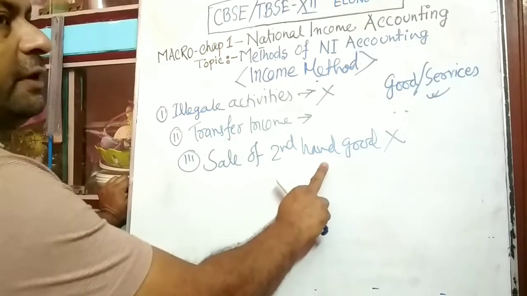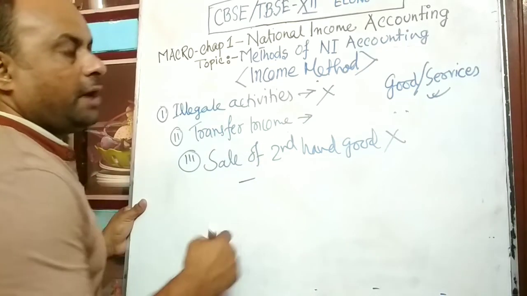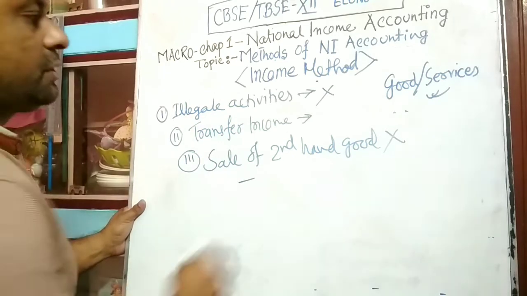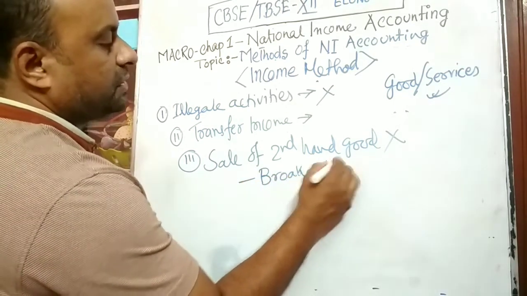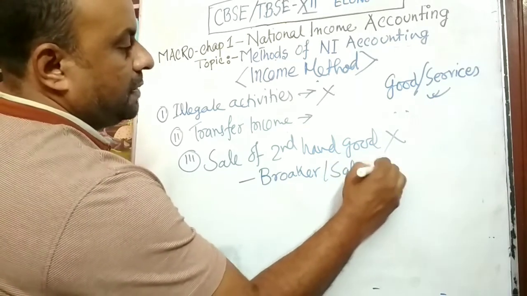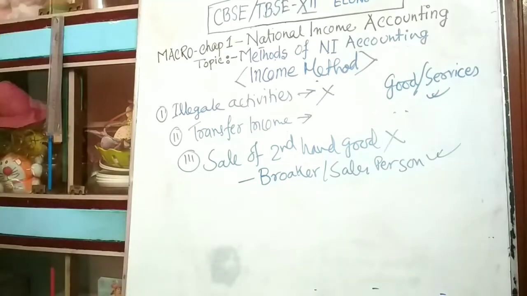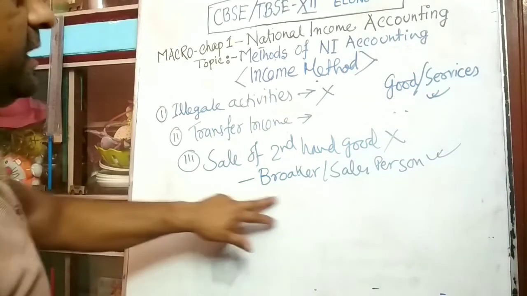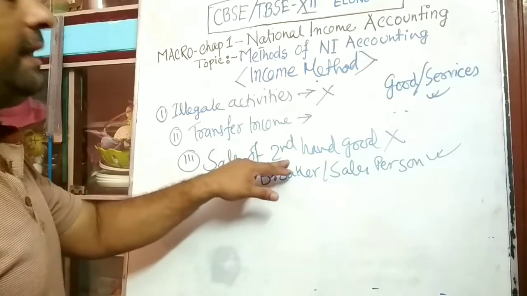But the income of the broker or salesperson who helped me to sell the house is included because he rendered services to sell the house. So his services are included in national income. His income will be included, not my income.